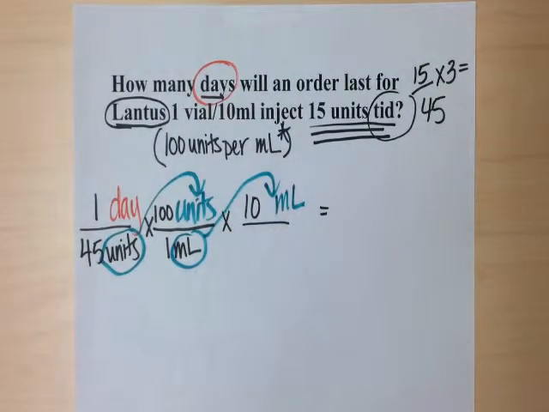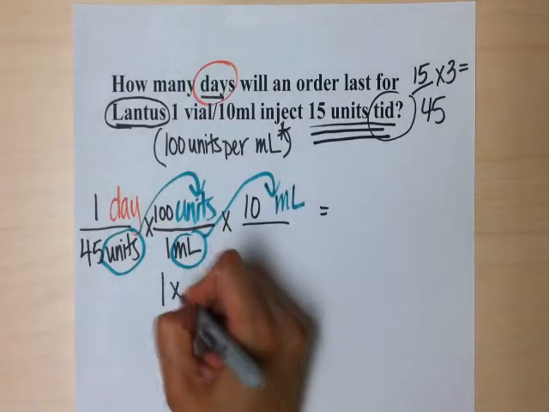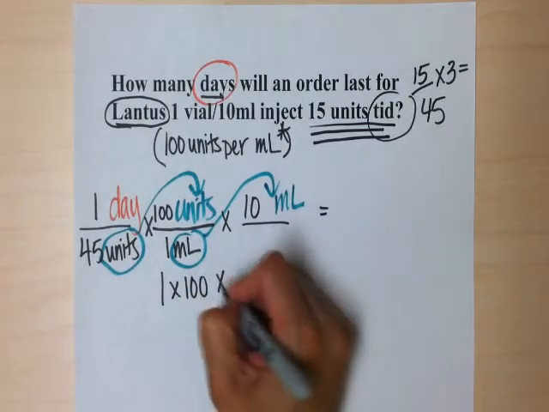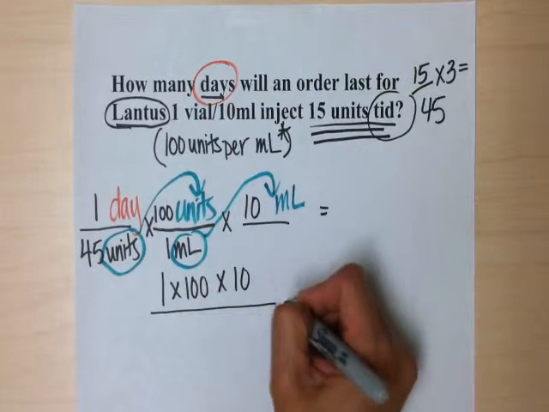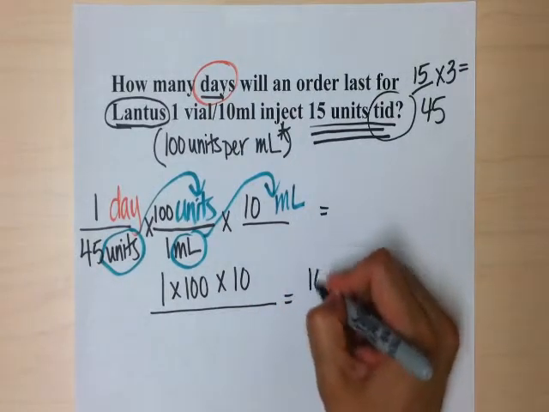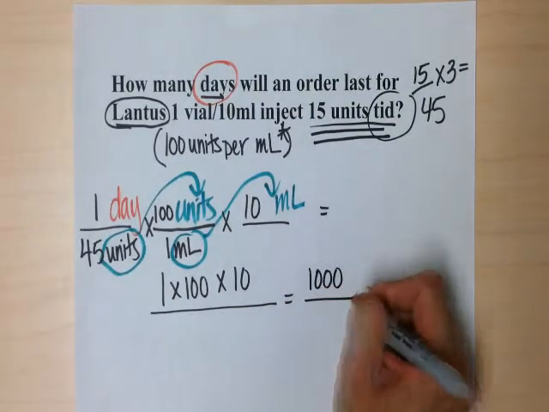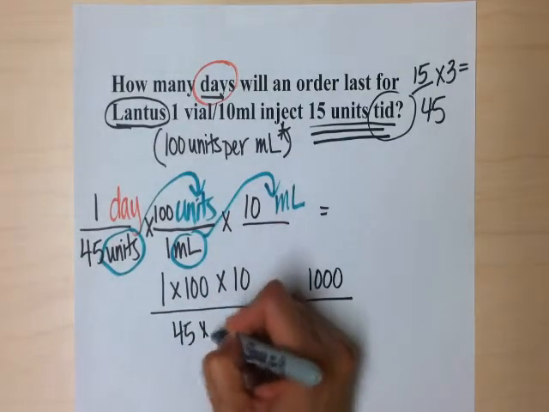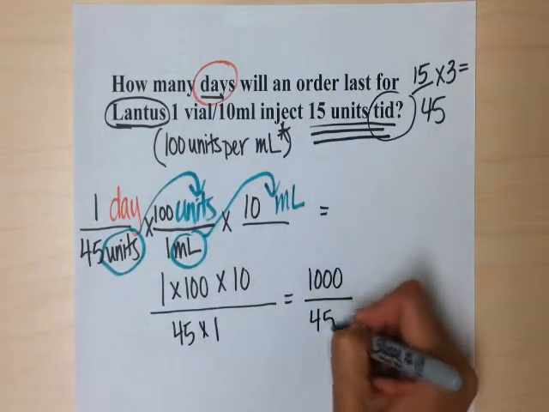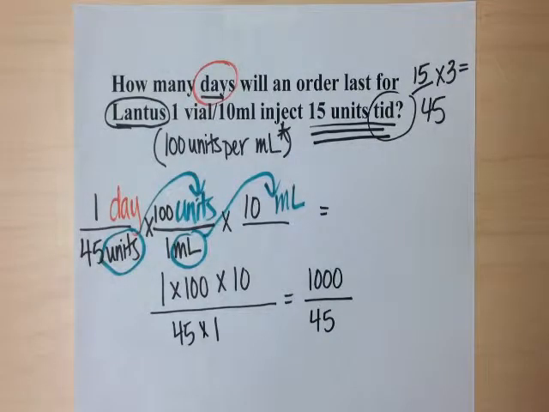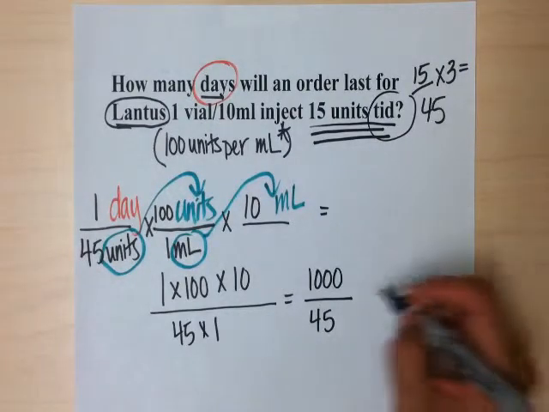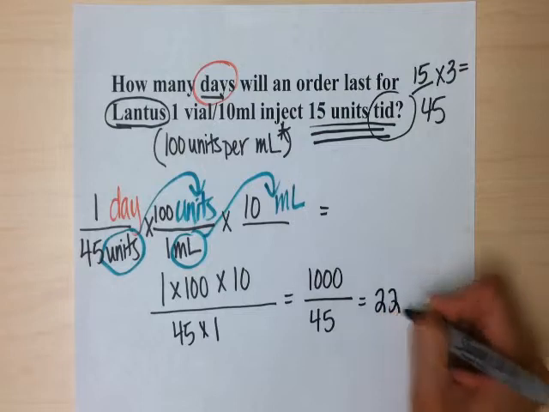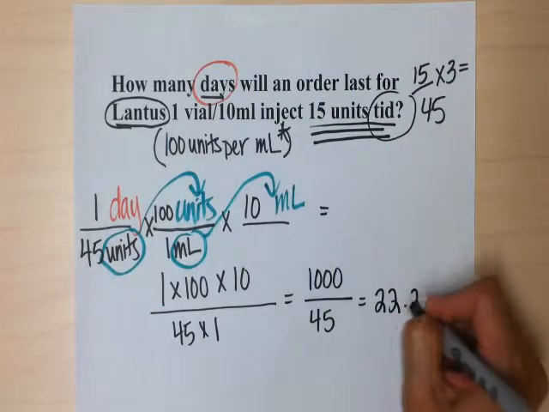When you punch this out, 1 times 100 times 10 for the top, we get 1,000. On the bottom, we just have 45 times 1, which is 45. So 1,000 divided by 45, we get 22.2.